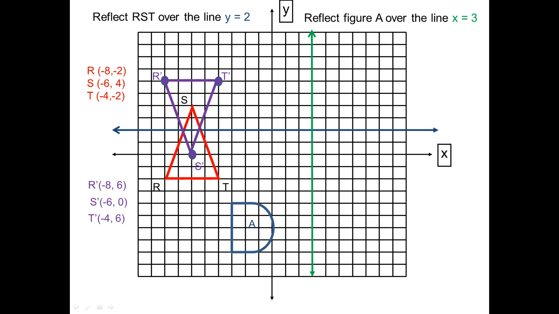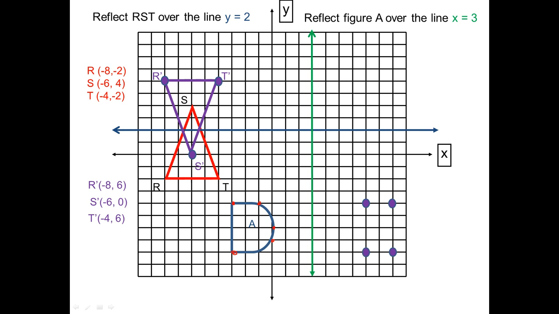So now I want to reflect over this kind of semicircle with a rectangle attached to it. And what I'm going to do is pick some reference points that I can use to graph this figure, because it's not simply a rectangle or a square or something easy, a triangle.